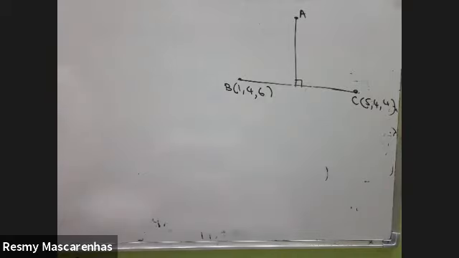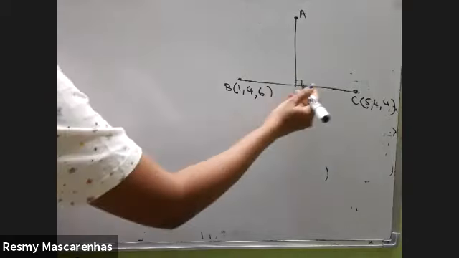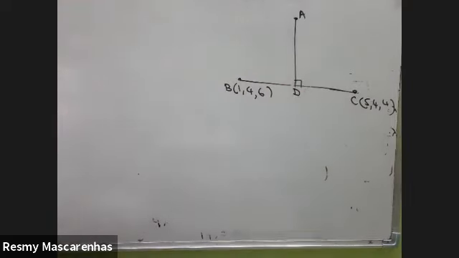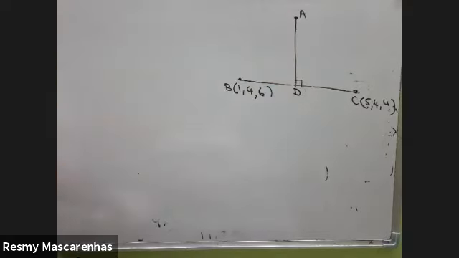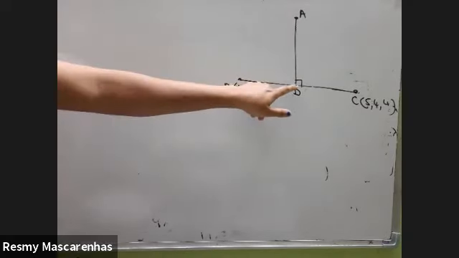Okay, now if they have specifically given some letters, then you can take any other letter over here. So now D is the foot of the perpendicular. Earlier, if they don't mention any letters, usually we take A, B. Now they have specified, that's why we cannot take B here.